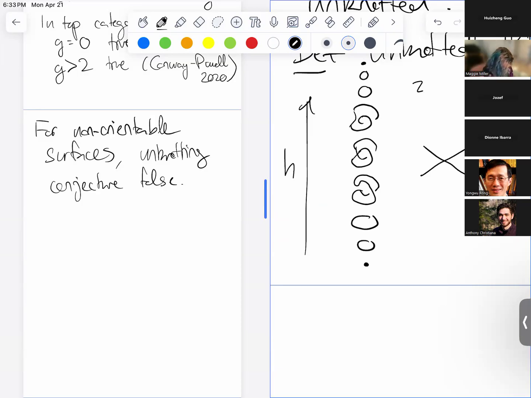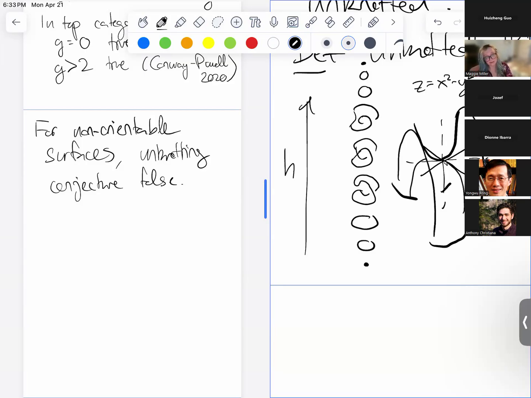And if we do Z equals X squared minus Y squared, then in the xz direction we have positive parabolas, but in the y direction we have negative parabolas, right? So we end up getting a surface that goes up one way and down the other way, and that's the saddle shape.